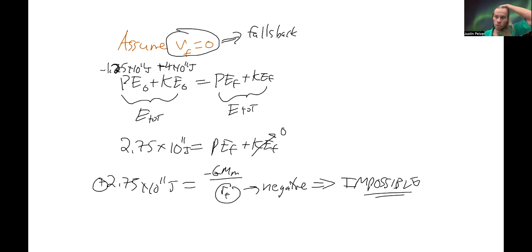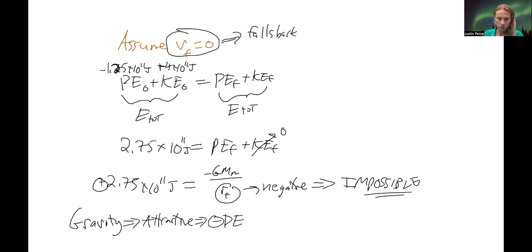Any repulsive force, magnetic potential energy can be positive. Any repulsion force has a positive potential energy, but gravity is always negative because it's always attractive. Gravity is attractive, so it has a negative force and a negative potential energy always.